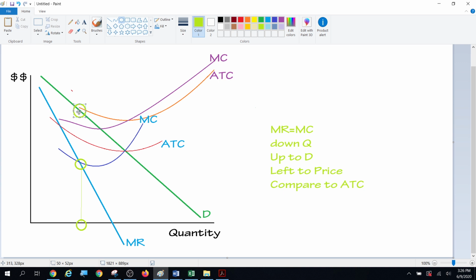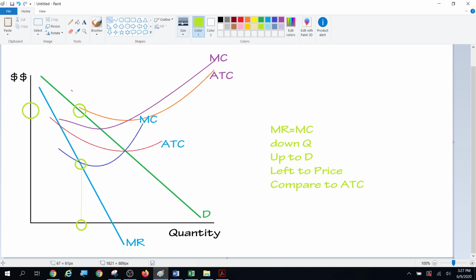That's the key part. Ignore the orange line, that's extraneous. If we're charging that on the demand curve up to the D, then that corresponds with that price right over here. Try to make it a little more in line with that.